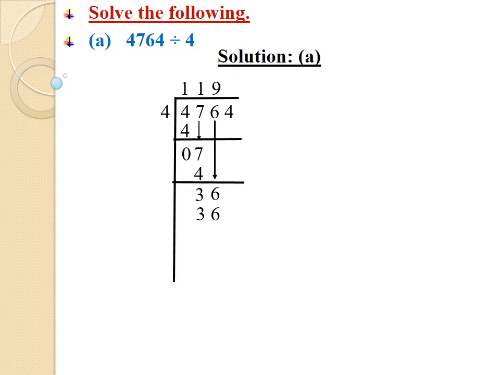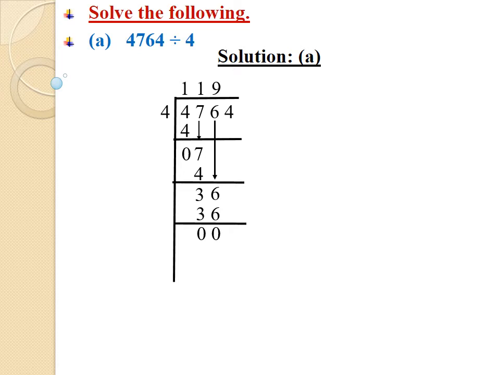Students, now we have to subtract 36 from 36. Starting from right, thus subtracting 6 from 6, we get 0, and subtracting 3 from 3, we get 0.